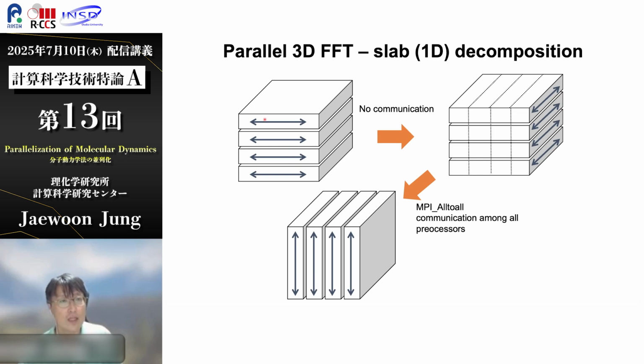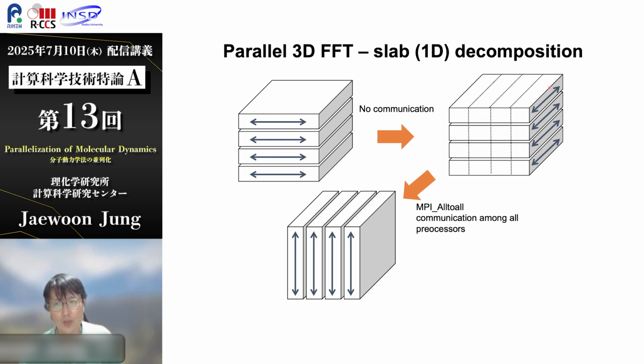So let's see. First, we perform the FFT in this direction. This processor has the global data in this direction, so we can just perform FFT in this direction. The second processor also performs FFT in this direction. And next, we want to perform FFT in this direction. In this case, because each processor has the global data in this direction, we don't need any communication. You can just perform FFT in this direction.